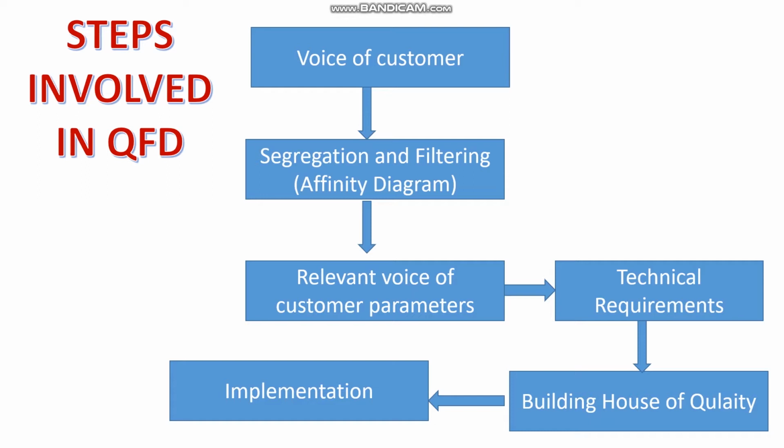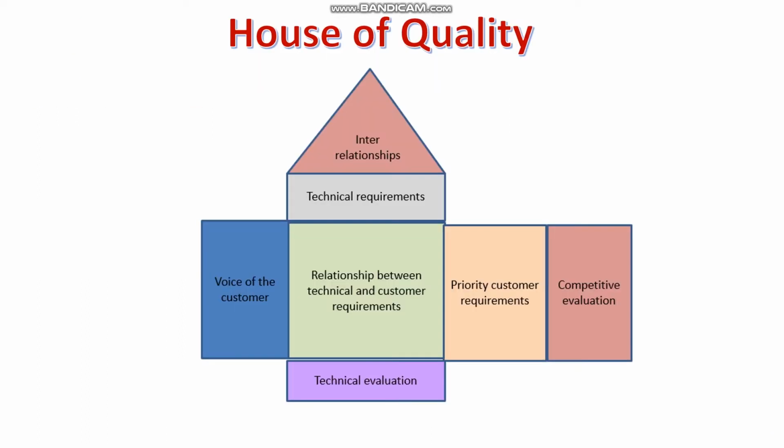The main core in this QFD, building the house of quality, is very important. As the outcome of the house of quality, we have to build some characteristic and technical enhancement in the product to implement, to develop the quality of the product to satisfy the customer needs.